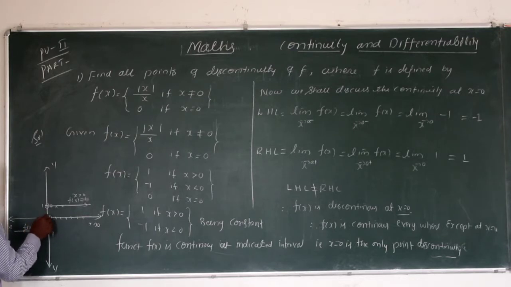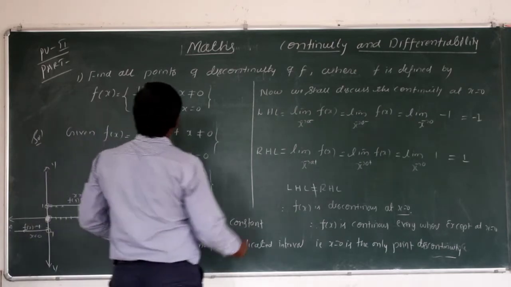At this particular point, the given function is discontinuous. So f of x is given like this.